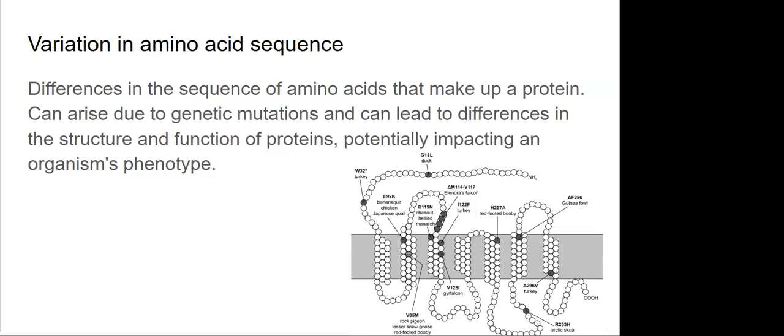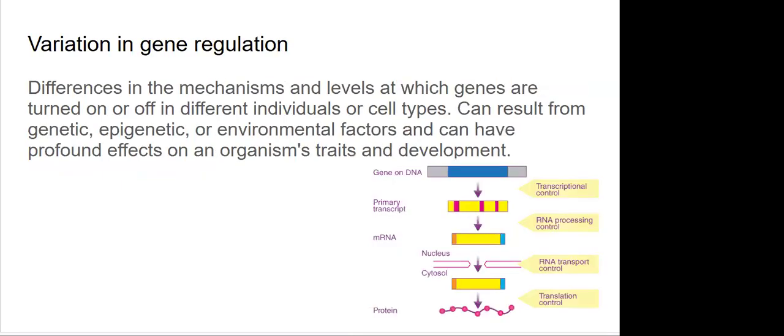And one of the things that we'll talk quite a bit about in this class is how the DNA leads to the expression of the protein. You can have differences in the actual amino acid sequence of the protein, and you can also change whether or not that protein gets made. So if we think about the dots on the last part, that's these individual amino acids, and there can be a change in the DNA.